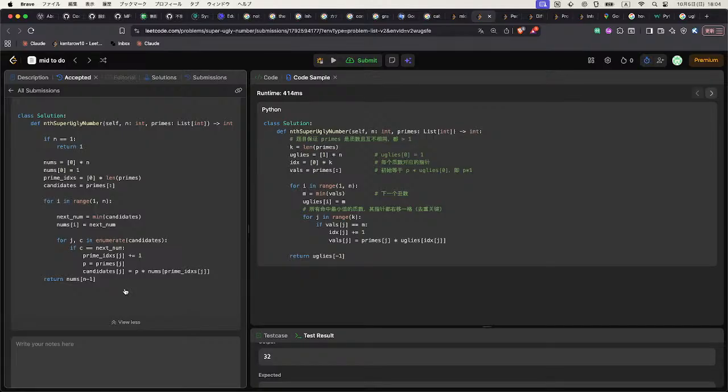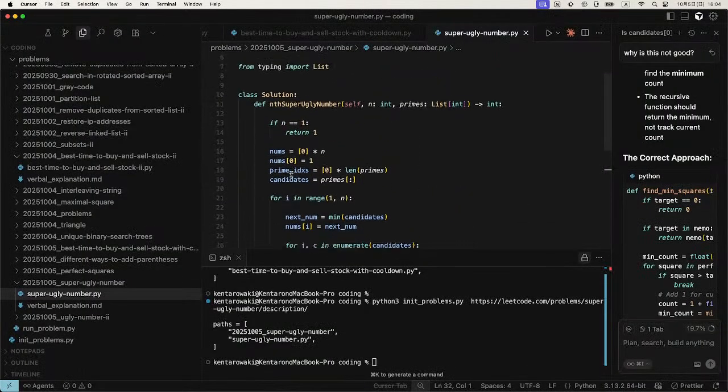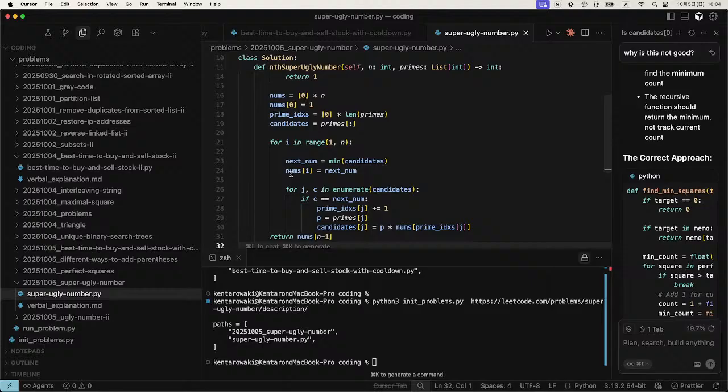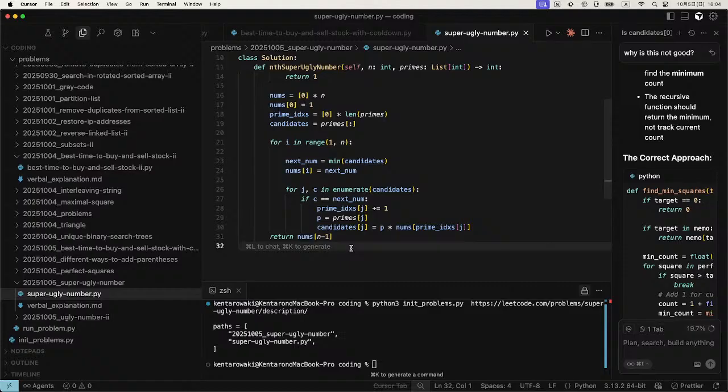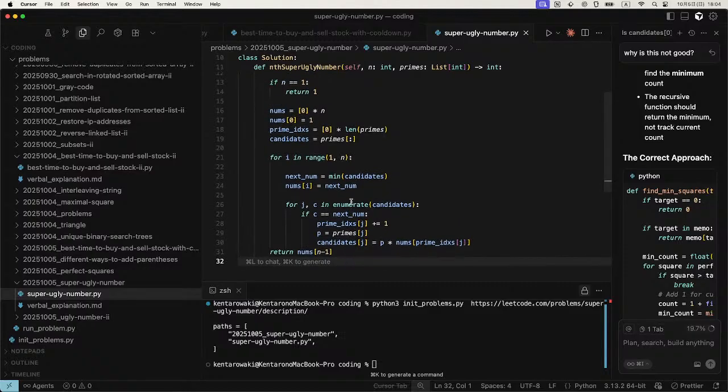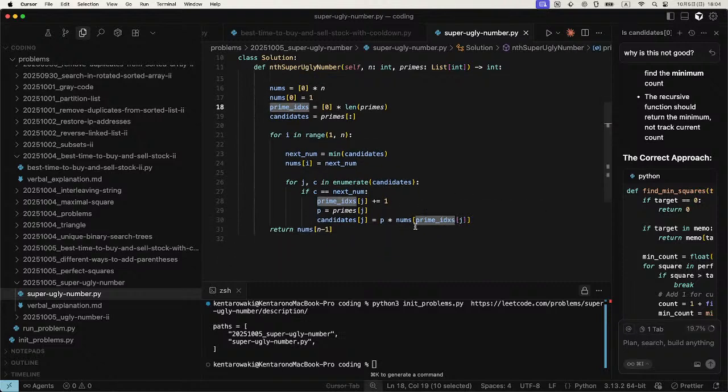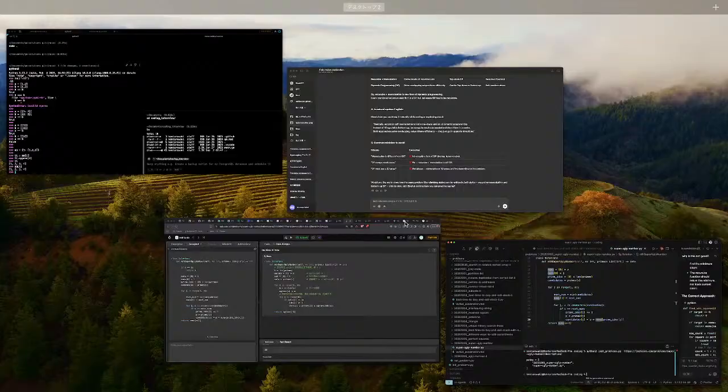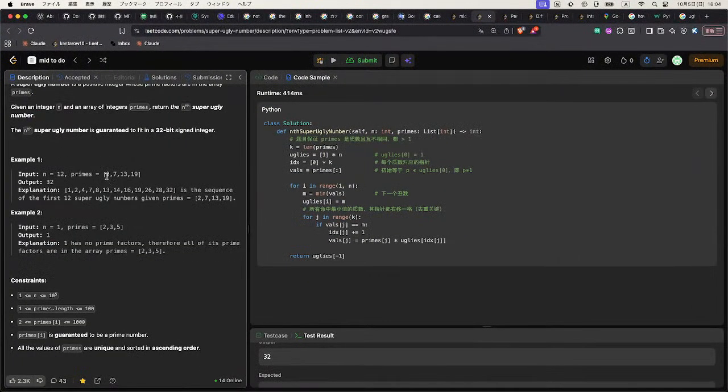Yeah, this is great. The key thing is to manage the index, because this is a bottom up solution, so we have to look at the numbers that already appeared.